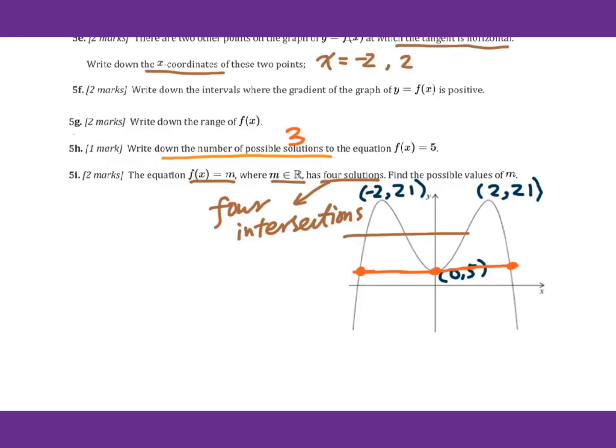If you draw the line like this, you have 1, 2, 3, 4. But if you draw the line like this, only 2. Here you have 3. Therefore, the m will be between 5 and 21.